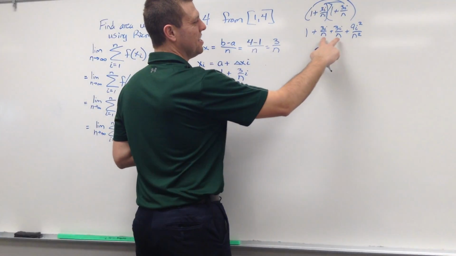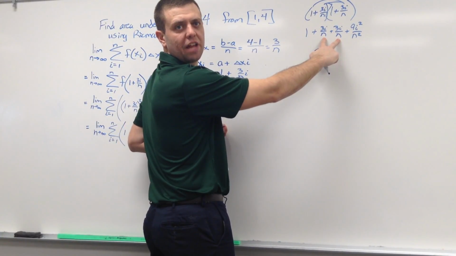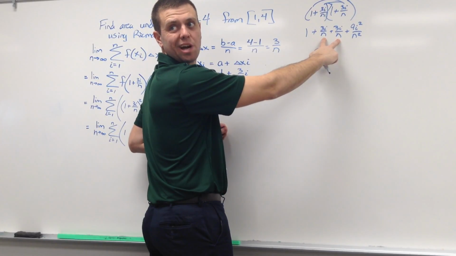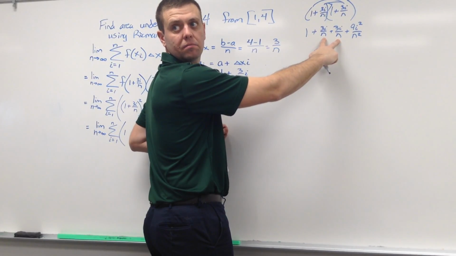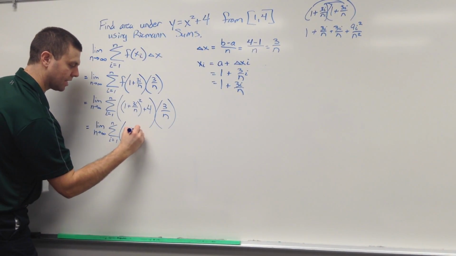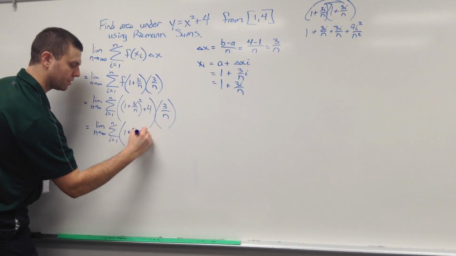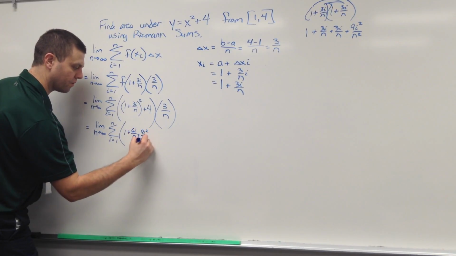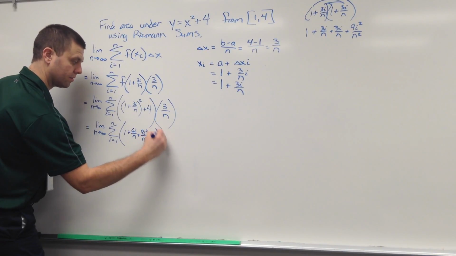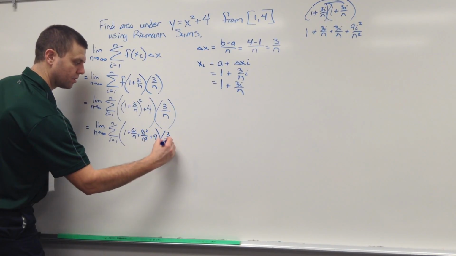When you add fractions, you just add the numerators, right? So 3i over n plus 3i over n is 6i over n. So 1 plus 6i over n plus 9i squared over n squared, plus 4, times 3 over n.